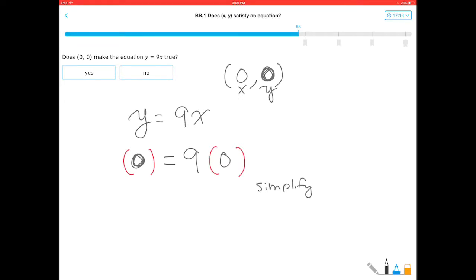Anytime you simplify, you need to go to the next line. Did you use your parentheses? No. So you have 0 equals 0. And that is true. Because that's a true statement, you're going to say that (0, 0) does satisfy.